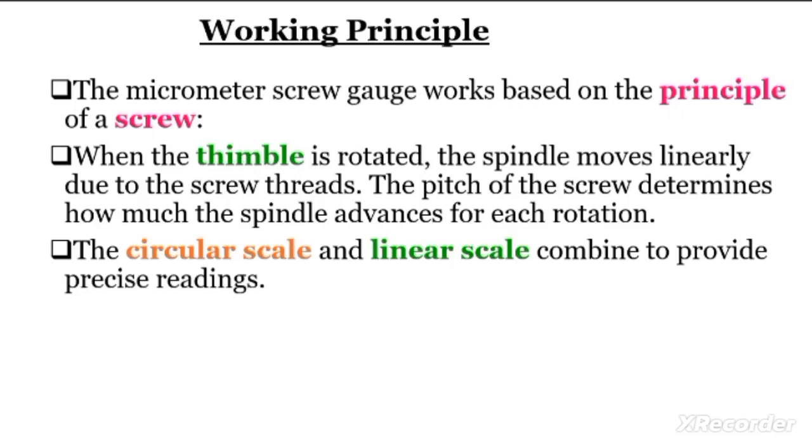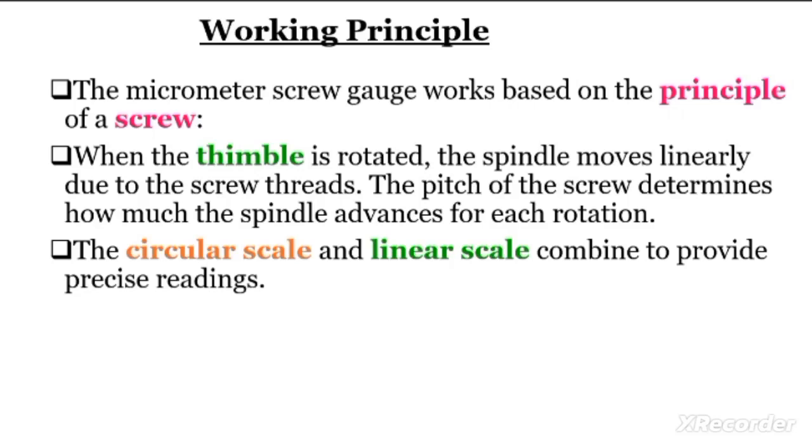To come up with the final reading, we add the linear scale, or sleeve scale, or main scale, to the circular scale or thimble scale. So these are the working principles of the micrometer screw gauge.